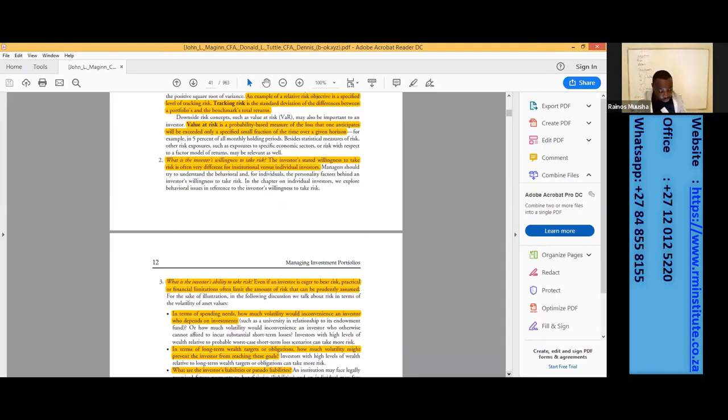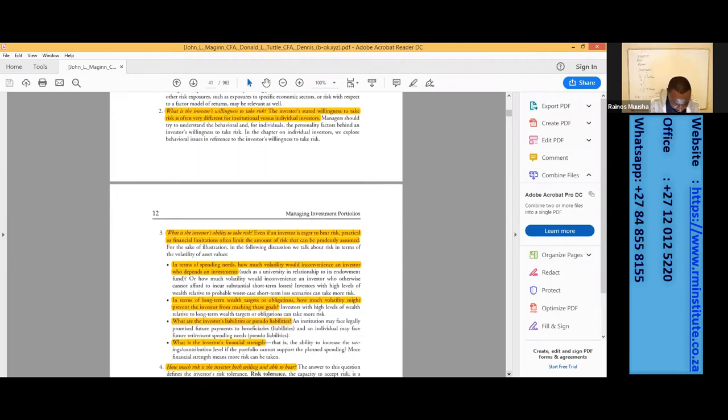So the willingness to take risk is expected to be higher, depending on what the board of directors would have determined the risk appetite of the company should be. For individual investors, it's going to be a bit difficult, and it largely varies from one individual to another. That's why there are different methods that they usually use to try to gather information on what the willingness of the investor to take risk would be.